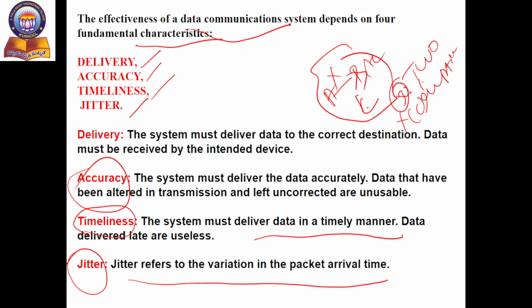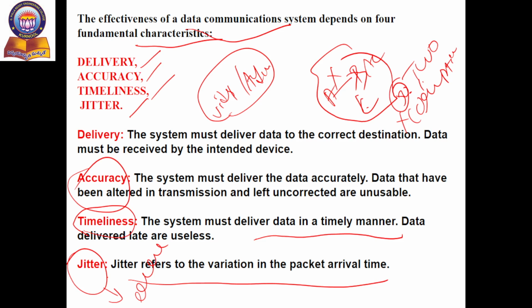Jitter is one type of error which occurs mainly when you are communicating audio or video files. These types of errors occur for audio files and video files, not for text files.